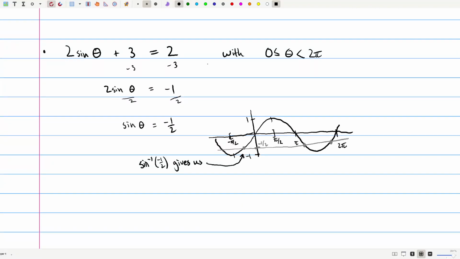Okay, so if we remember our tables of sine values, we might remember that this is minus pi over 6. Another way to see this is, sine theta is minus 1/2.